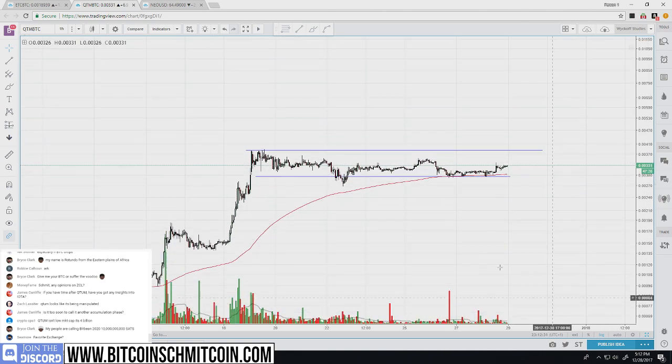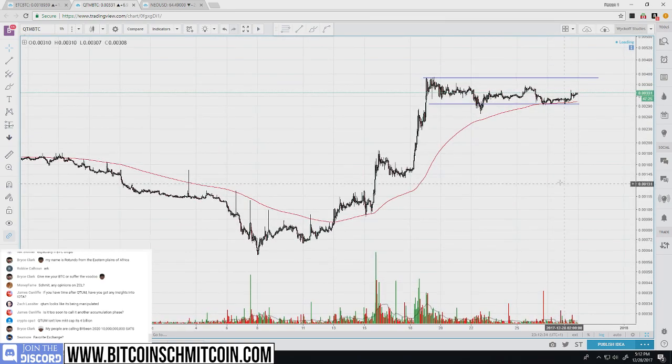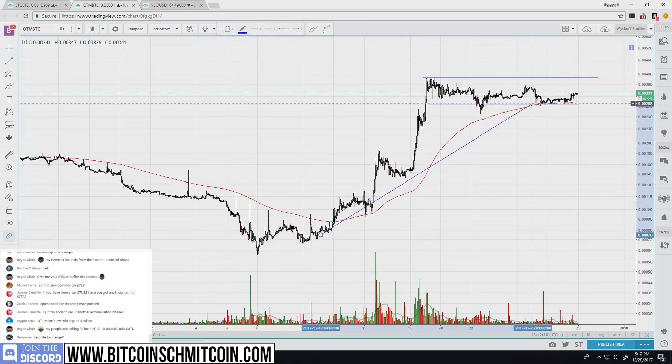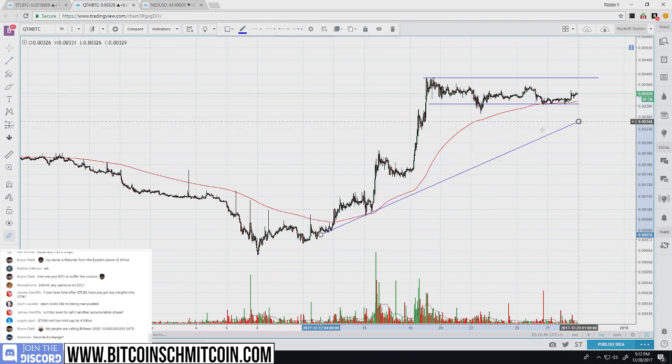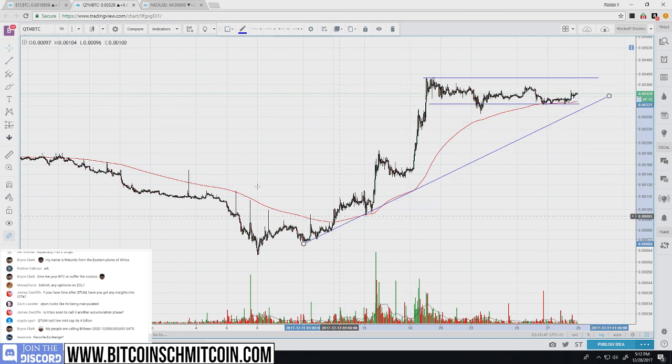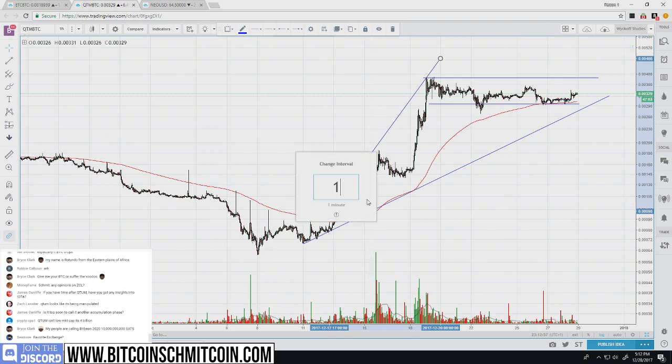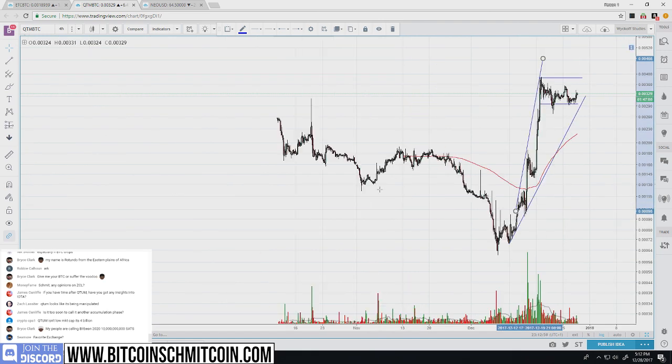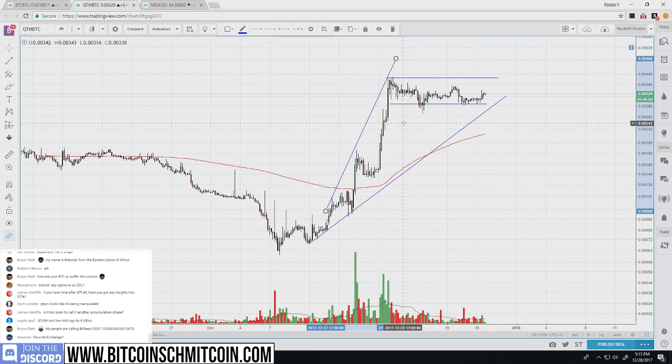I'm inclined just to lean reaccumulation because it's in an uptrend. You see a very well-confined supply and demand. Something like that. But Qutum I got to keep an eye on. I need to study that more.